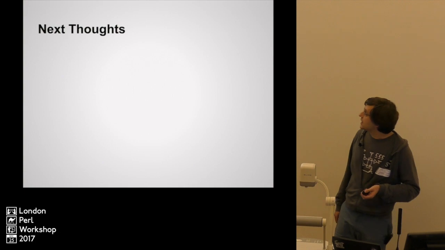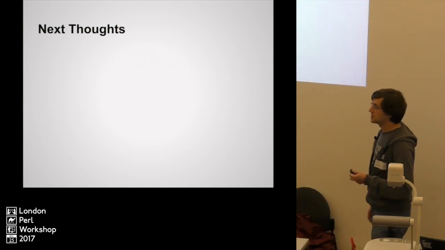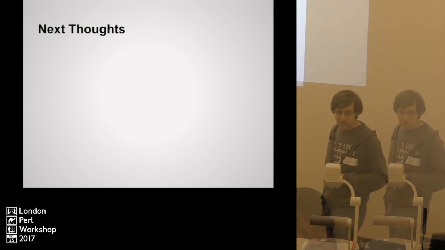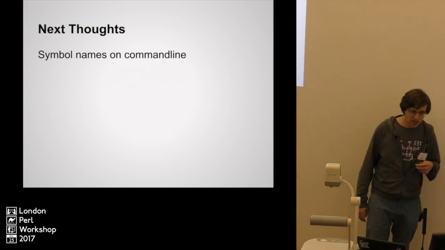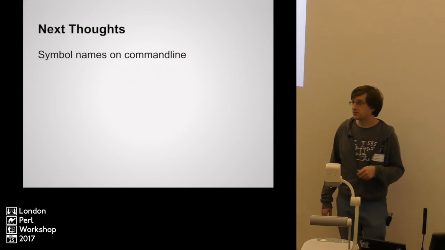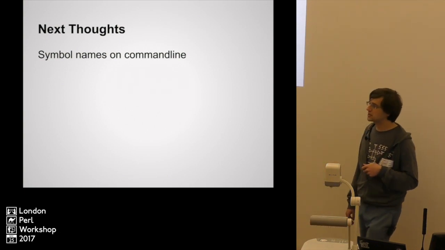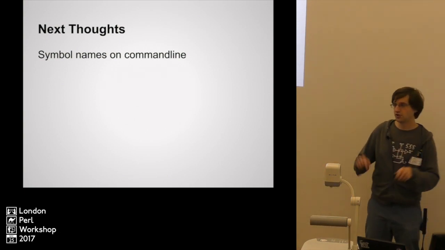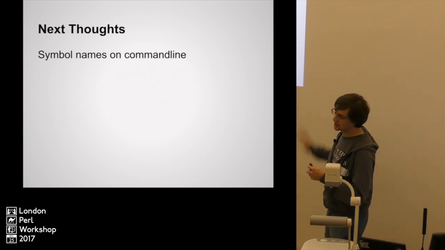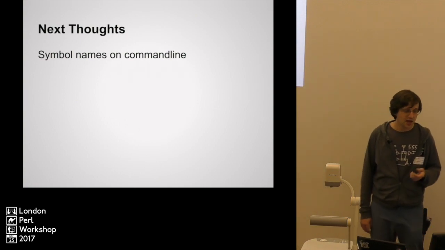So moving on from here, I've still got a lot of things that would be nice to add to the tool set. Being able to type symbol names directly on that command line. So rather than having to look up what the symbol is and then type its address, I want to literally be able to type show $warnings, :offsets, or whatever. That would be nice.